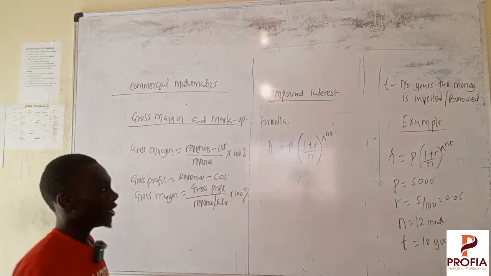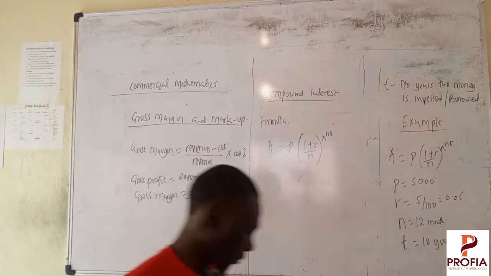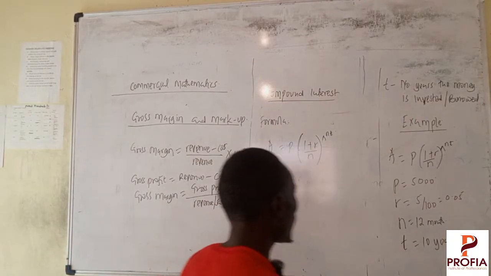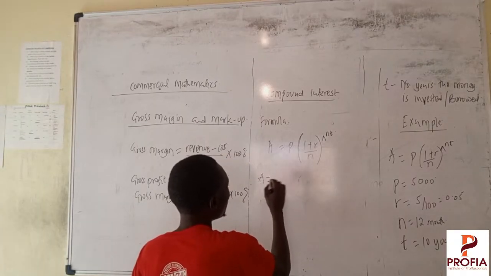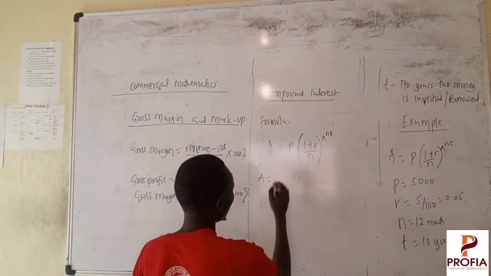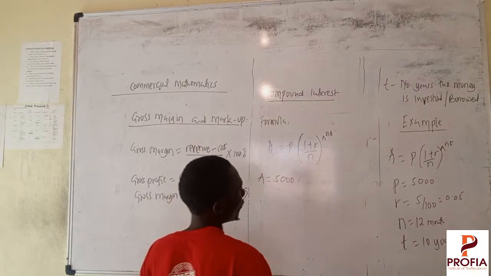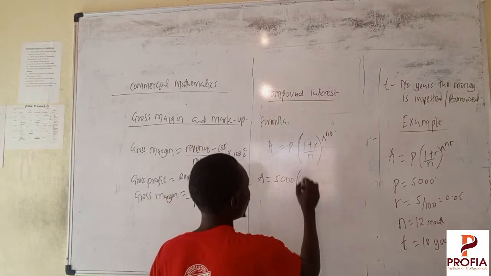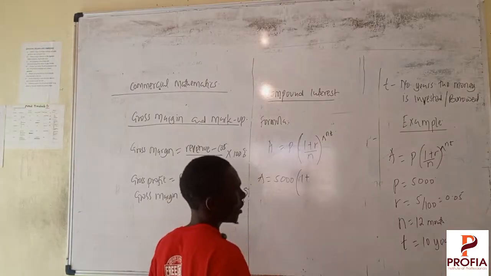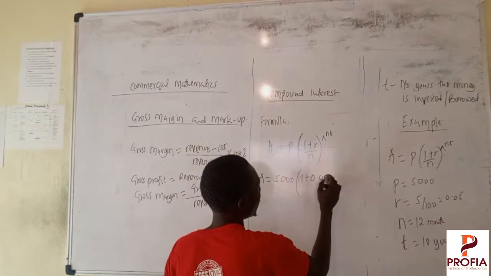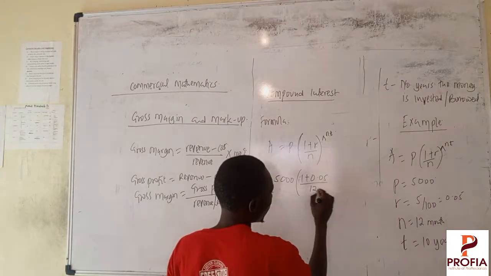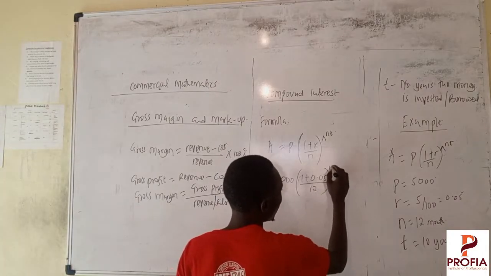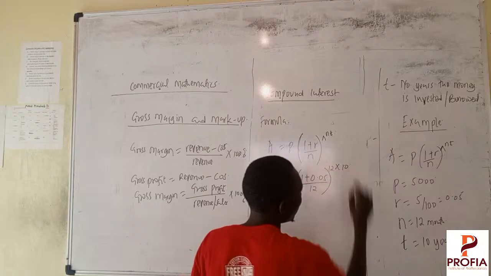We want to get the amount. Now we input into that formula. Amount is equal to principal, 5,000, into 1 plus r, 0.05, all over n, which is 12, all raised to 12 multiplied by 10.